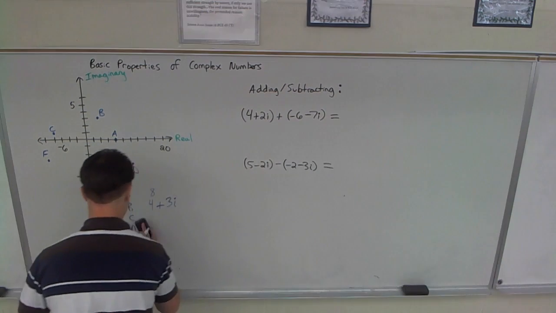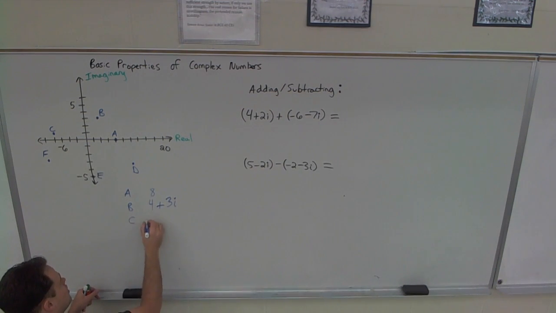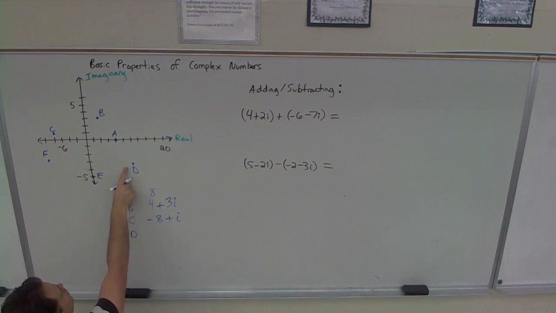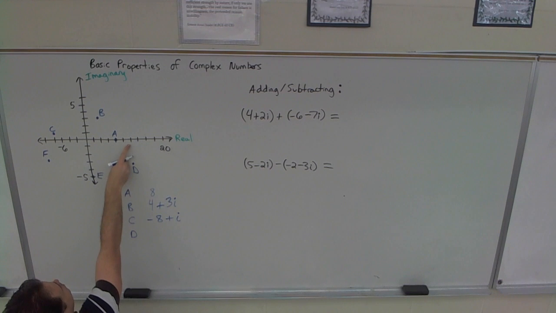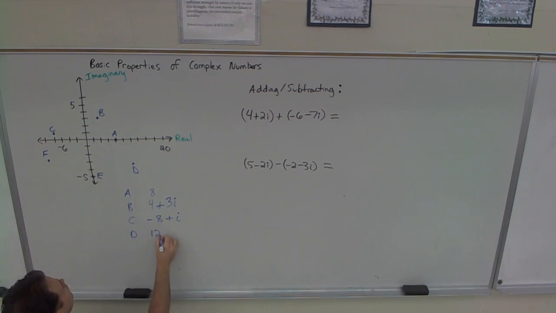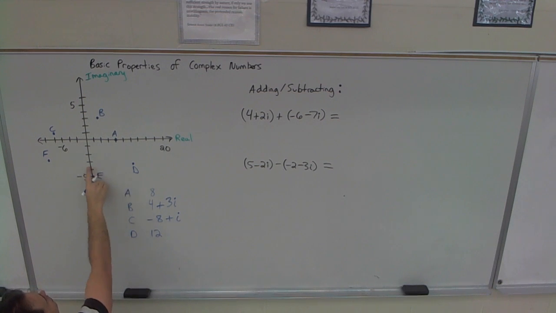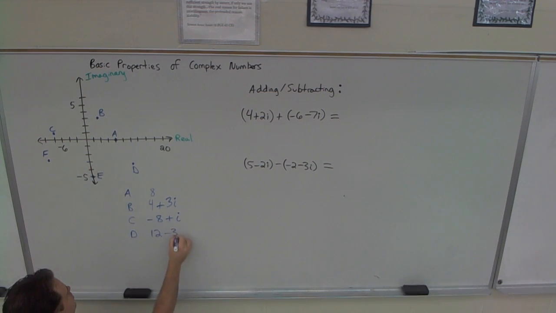Maybe I should make these spaced out a little more. C is going to be -8 plus 1i. D is right here, so that looks like 8, 10, 12. Hard to say, maybe -3 or -4. I'll say -3i. You guys got me?